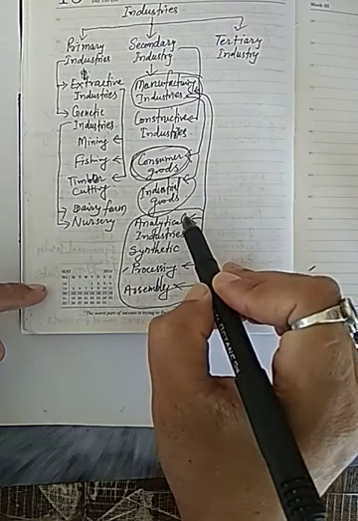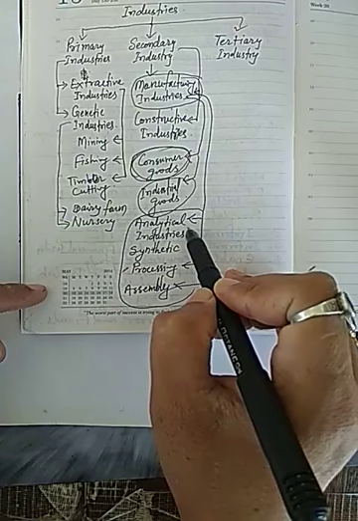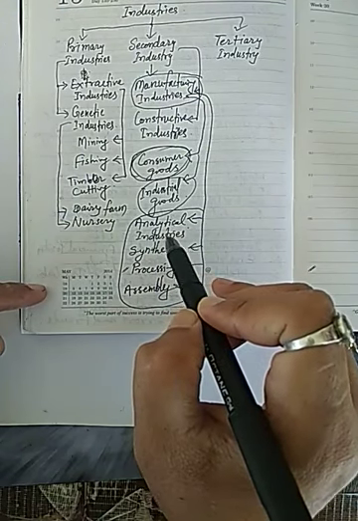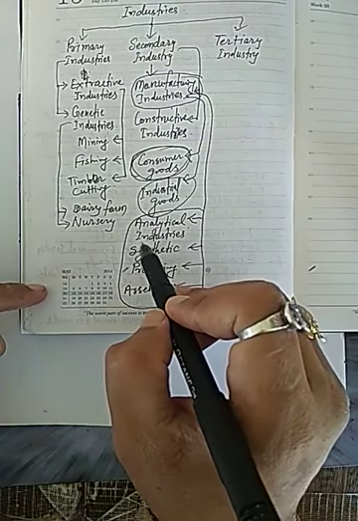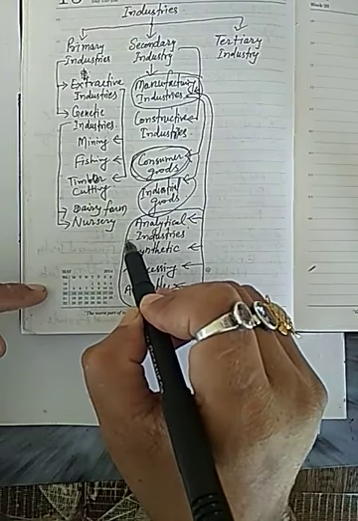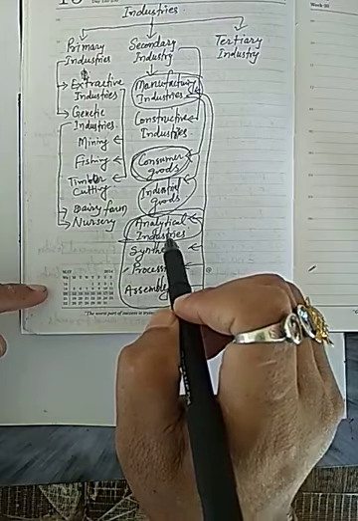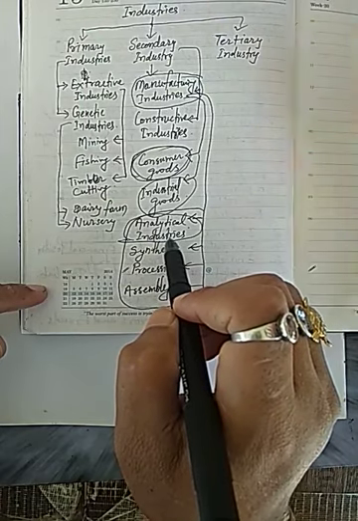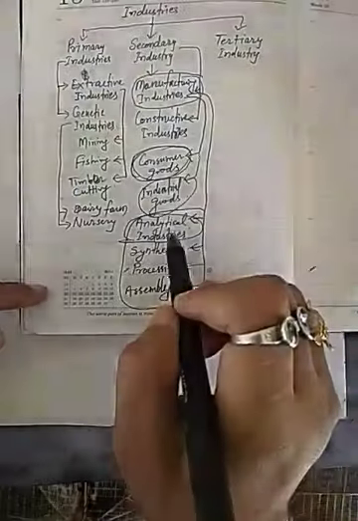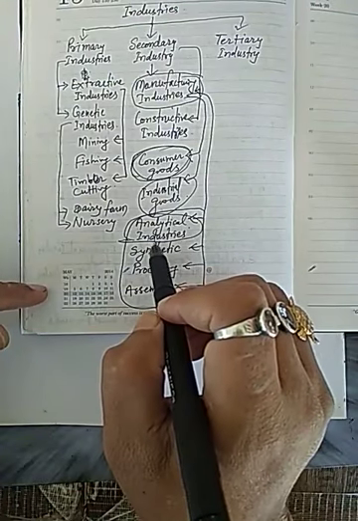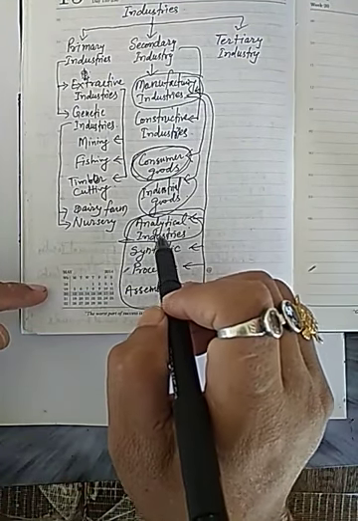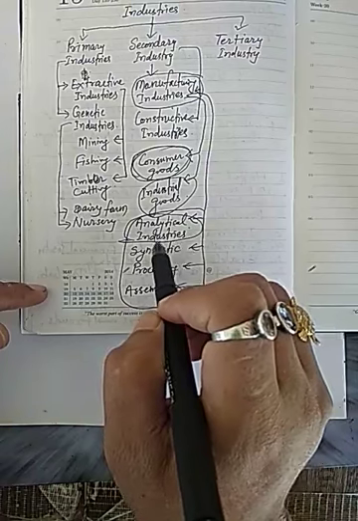In analytical industries, the basic raw material is broken into different parts to produce finished products.